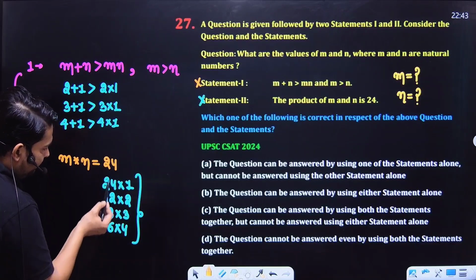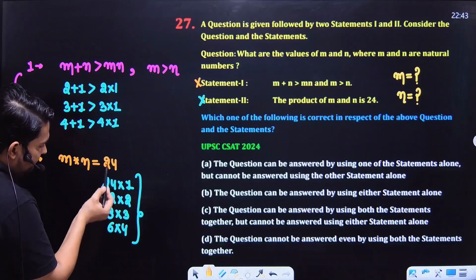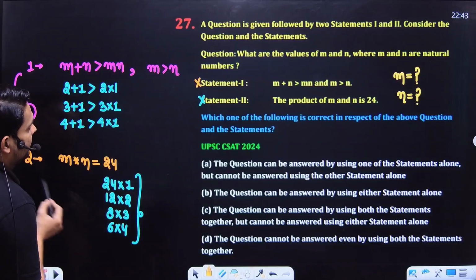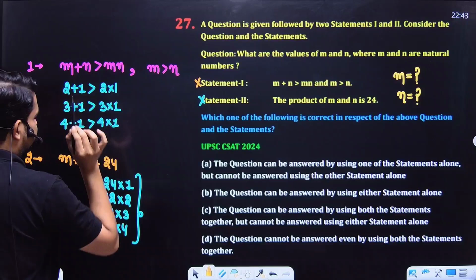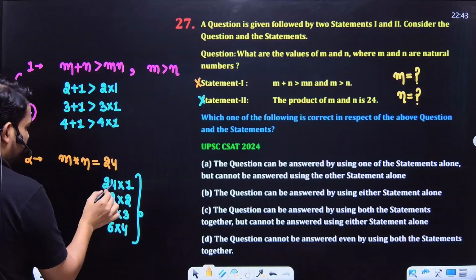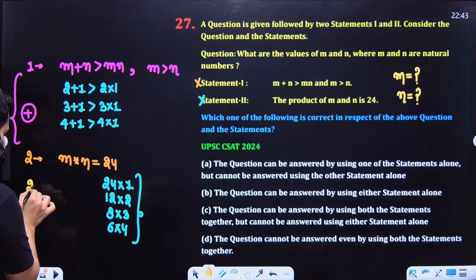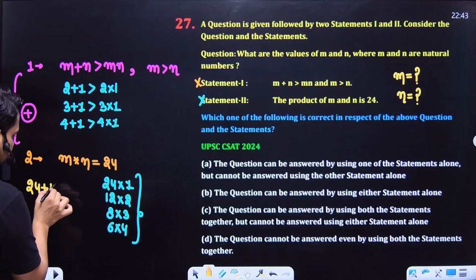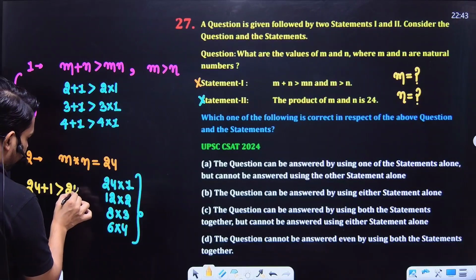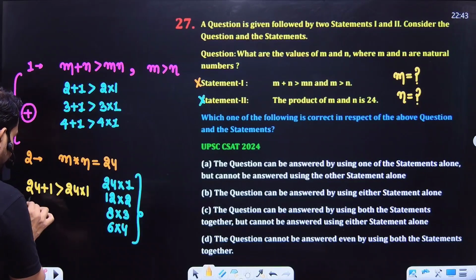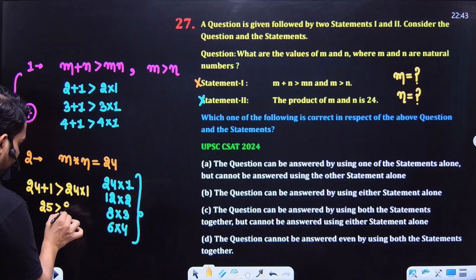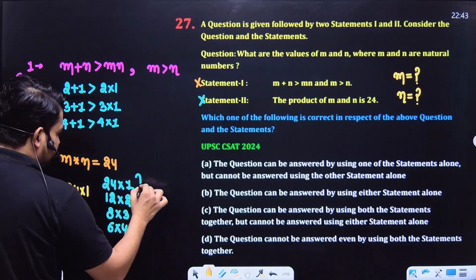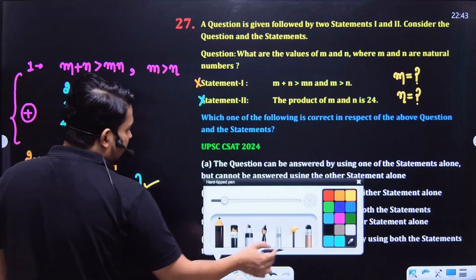In all these four multiples, we have m greater than n. Again, we also have the condition m plus n is greater than mn. If I take the values here, 24 plus 1 is 25, which is greater than 24 into 1, that is 24. This pair satisfies the statement.